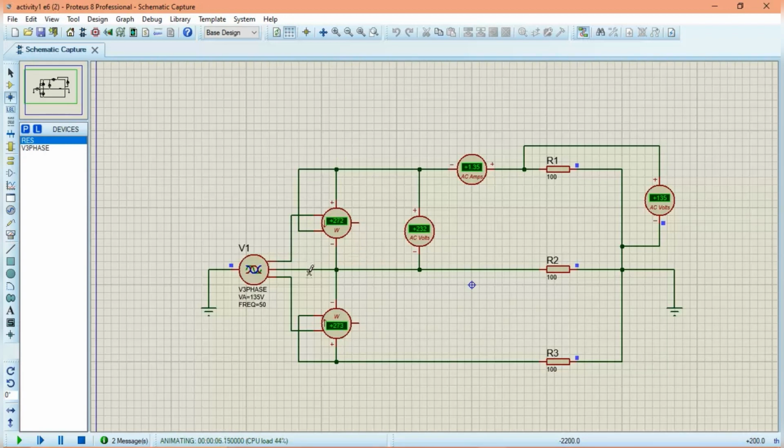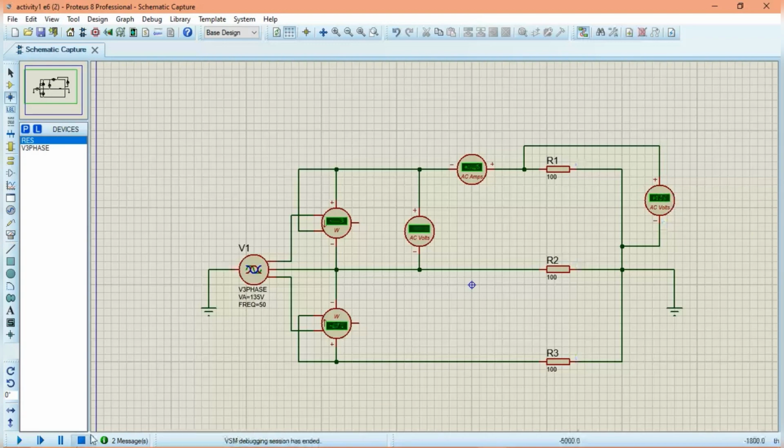Okay, for the power in watt, we will get 55.6 watt, and for the VRY, we will get 234 volt. For the current I, we will get 1.34 ampere. For the VRN, we get 134 volt.